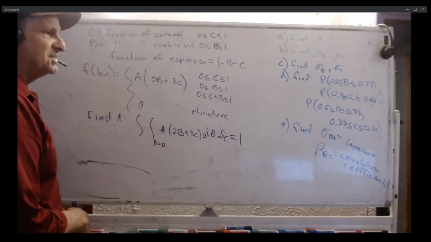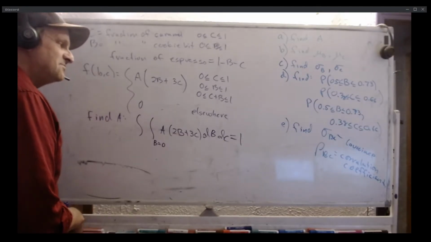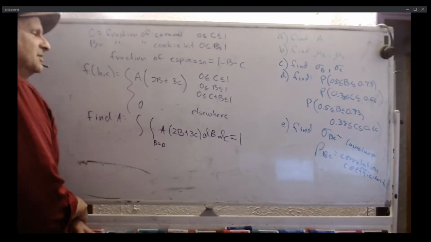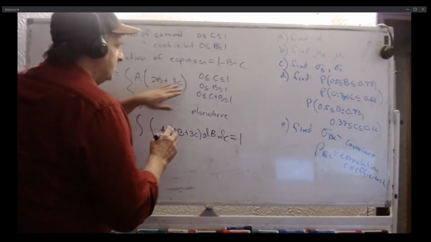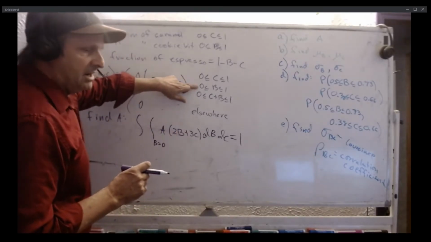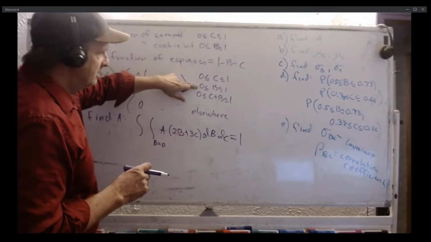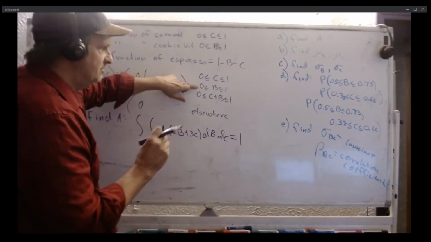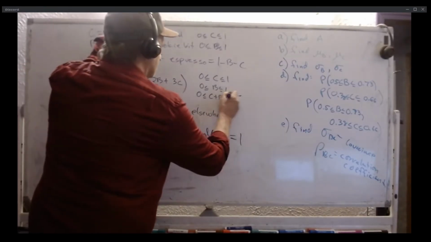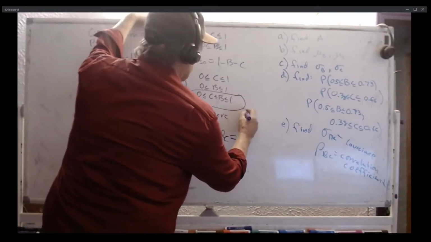Or is it 1 minus C, or is it 1 plus C? Well, we've partially taken one of the limits of B into account, have we not? With the lower limit of 0. So we have to use the third function, so it'd be 1 minus C.